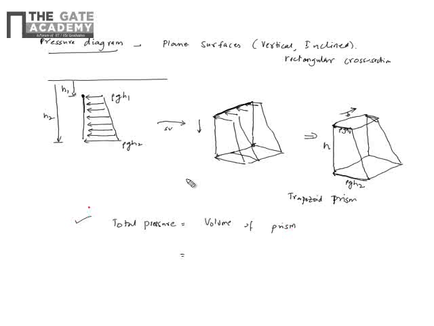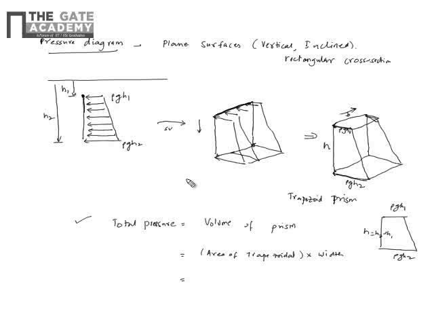So the volume of the prism I can easily find. What is the area of the trapezoid into the width, or the extrusion? So this is the area, right? This is rho g h1, this is rho g h2, and this is h, which is h2 minus h1.